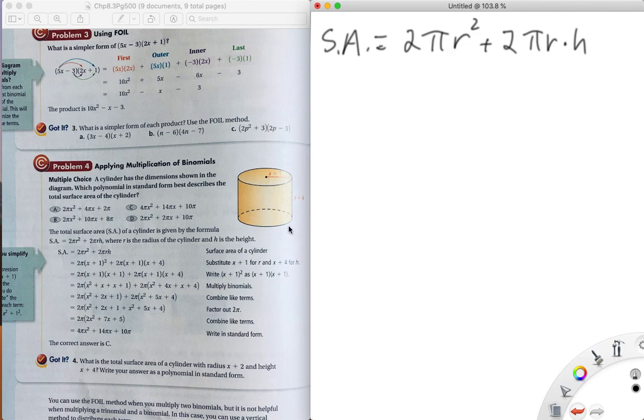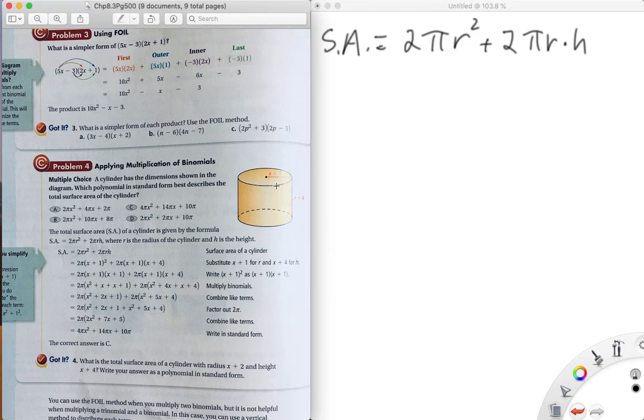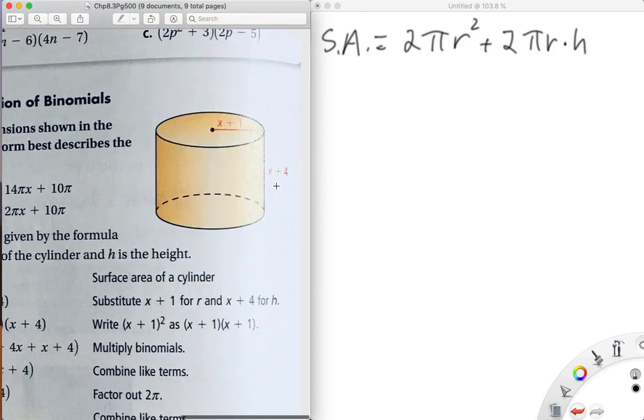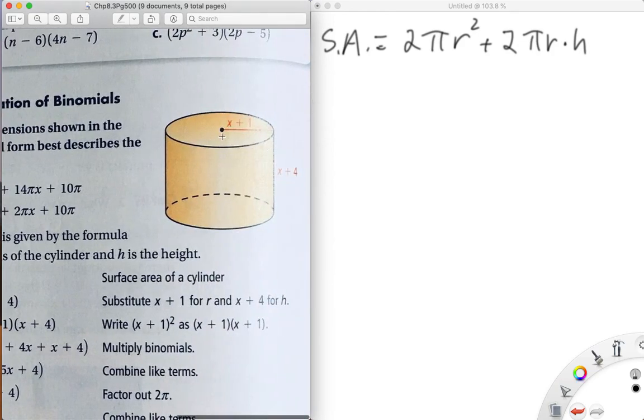Okay, so for a cylinder like this, just again to refresh your memory, the radius is the distance from the center of the circle out. The height is the distance that connects the two circles together.